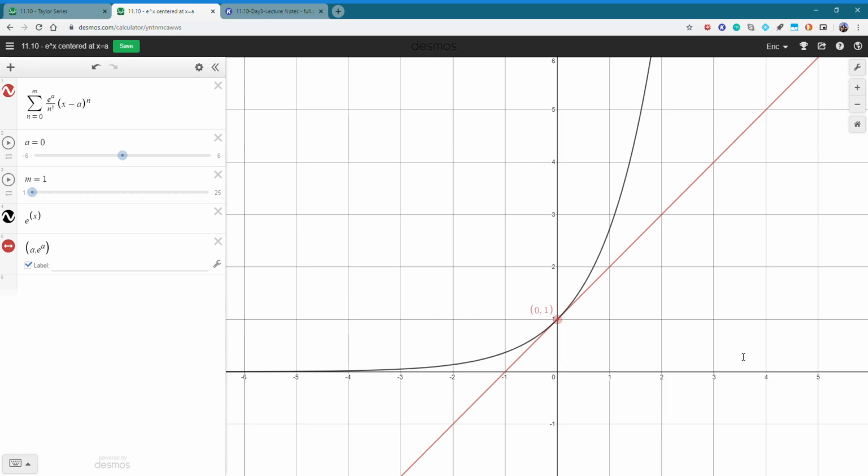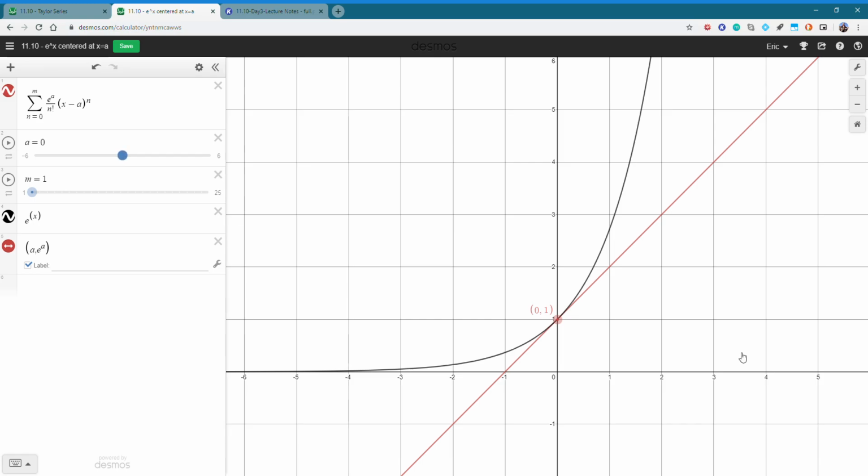If I drag this m, that's going to be giving us more and more terms in our polynomial. And if we drag that up, we see these partial sum polynomials are doing a better and better job hugging our curve of e to the x further and further out. That's the picture that we've seen before for other functions as well.